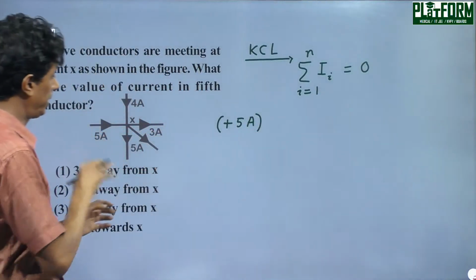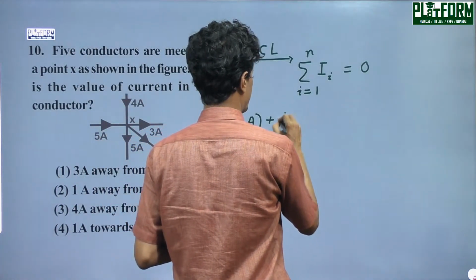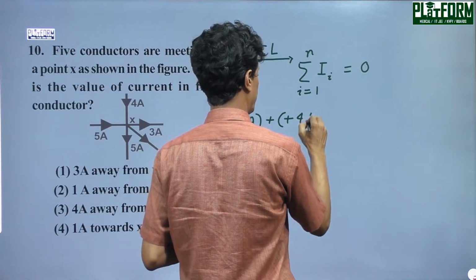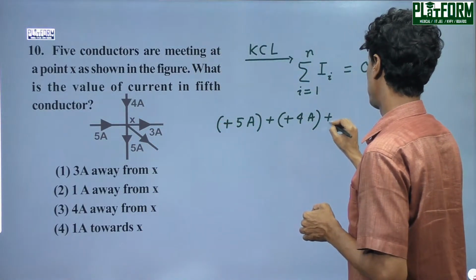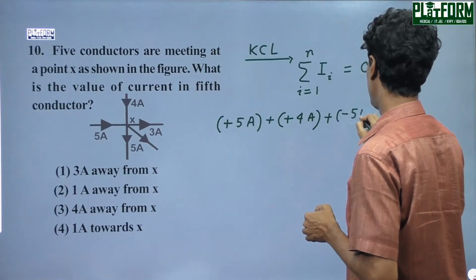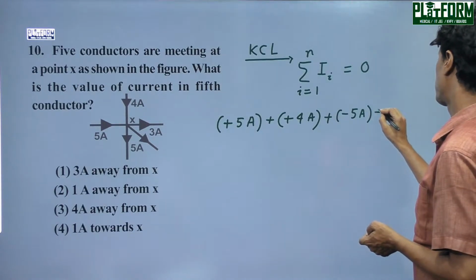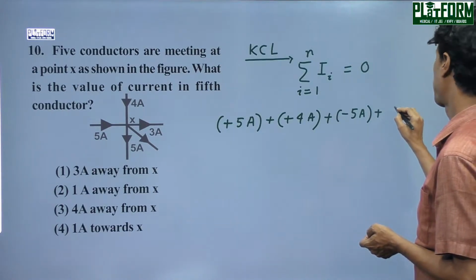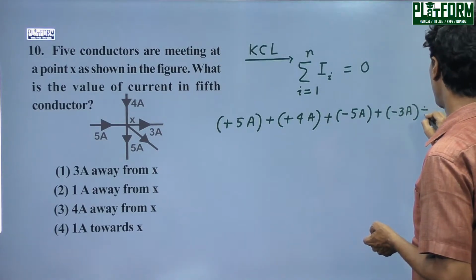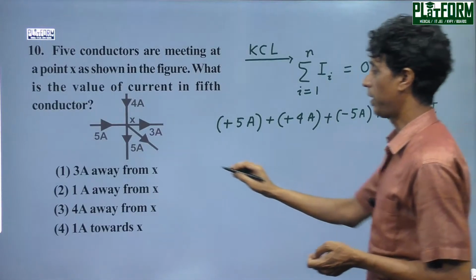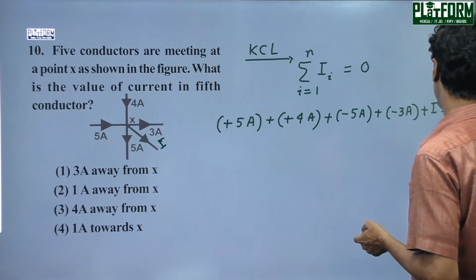I have taken entering the junction as plus: entering 4 ampere, leaving the junction minus 5 ampere, and leaving the junction minus 3A, plus I, let us say the current through it is I, equal to 0.